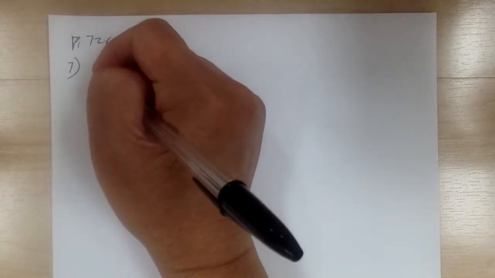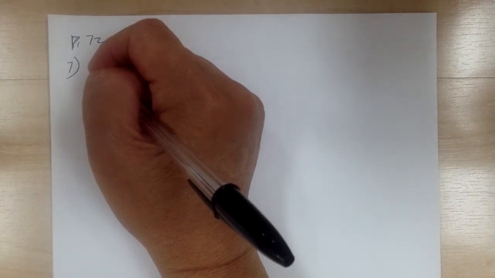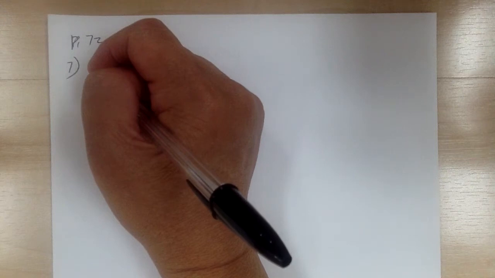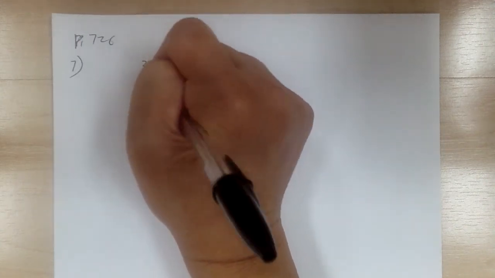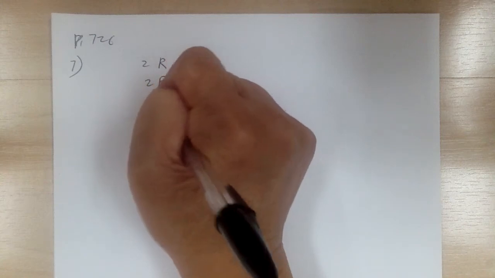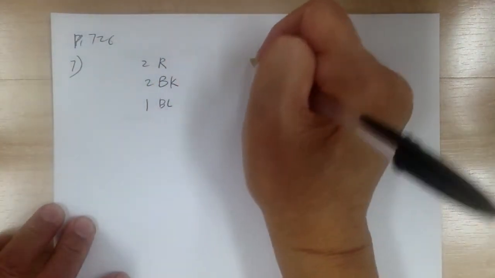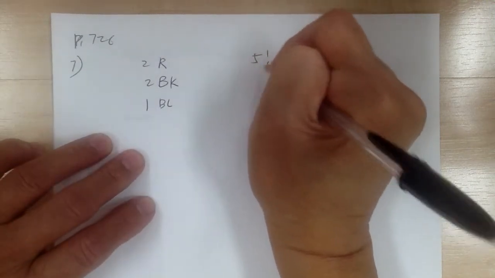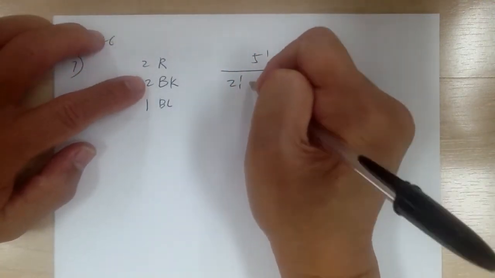Okay, number 7. It says how many different signals can be made by displaying 5 flags at a time on a flagpole. Okay, the flags differ only in color. 2 are red, so you got 2 red, and 2 are black, and 1 is blue. Okay, so again, there are total 5, so it'll be 5 factorial, but there are 2 red ones, so you have to divide by 2 factorial, 2 black ones, so 2 factorial.